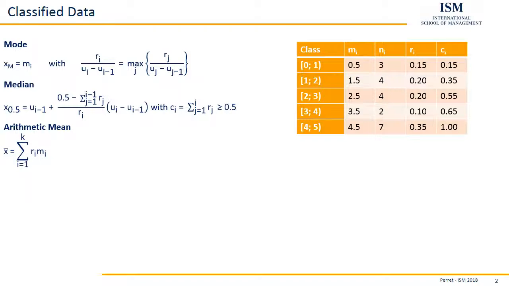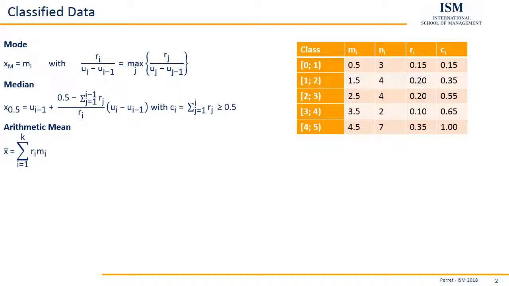We just multiply relative frequencies with class centers and add all of this up. So here we would go 0.5 times 0.15 plus 1.5 times 0.2 plus 2.5 times 0.2 plus 3.5 times 0.1 plus 4.5 times 0.35. So this can be calculated rather easily. The hardest part with measures of central tendency for classified data usually is the median.